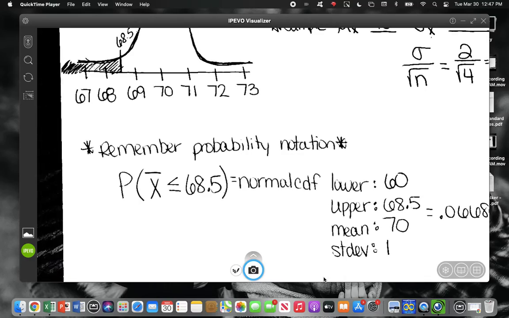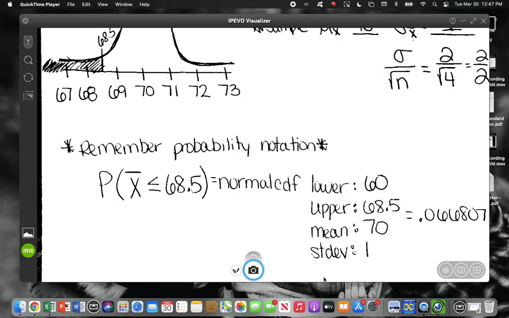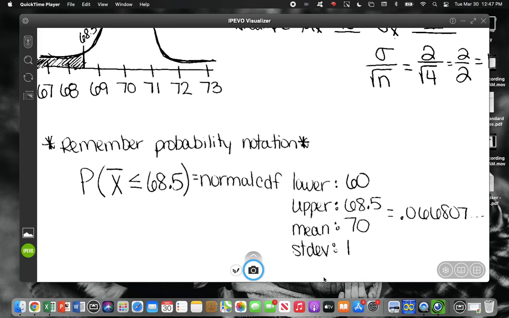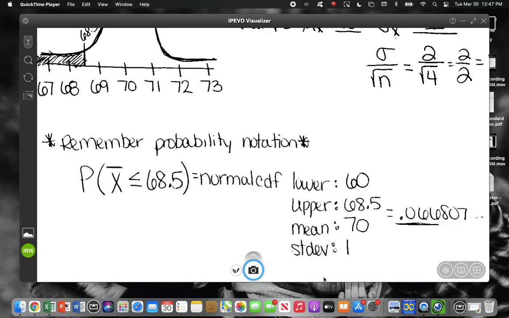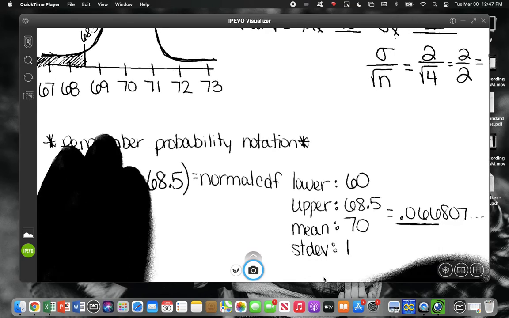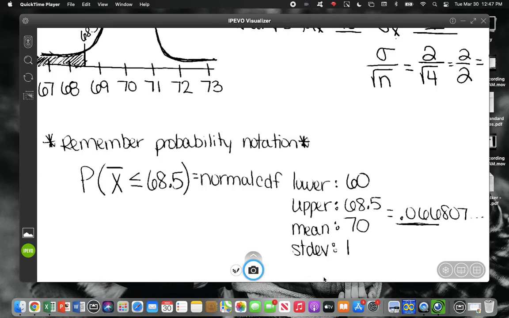All right, so now I can flip it to where you guys can see. So if you type all of this in, are you getting the same number as me? All right, and let's at least round to 3 or 4 places after the decimal. So if you guys had 0.0668 or even 0.067, I would be okay with either one of those.